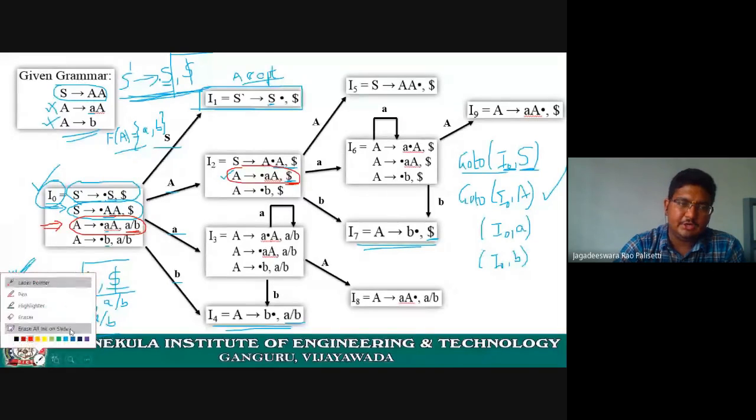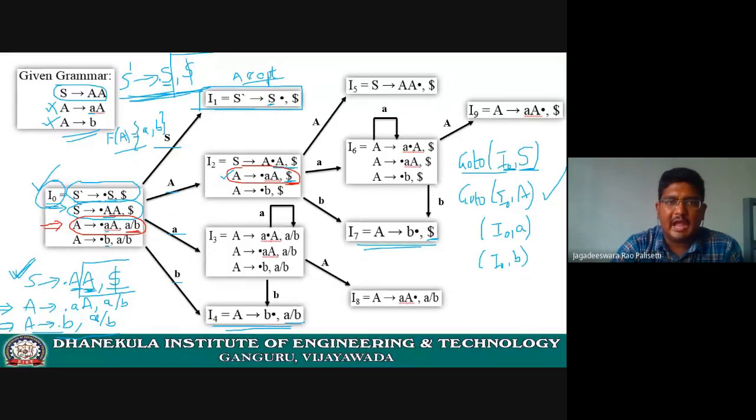Okay, so continue. After this dot, there is a non-terminal, so one production rule is added. What is the second production rule? A tends to B, so A tends to dot B. Again, we are going to calculate this look ahead. We added this particular production because of this production rule, with respect to this capital A. Again, first of dollar, so dollar again acts as the look ahead for this production rule.